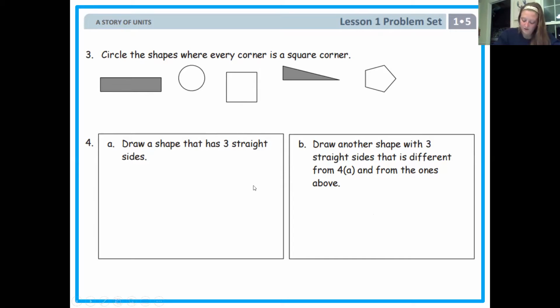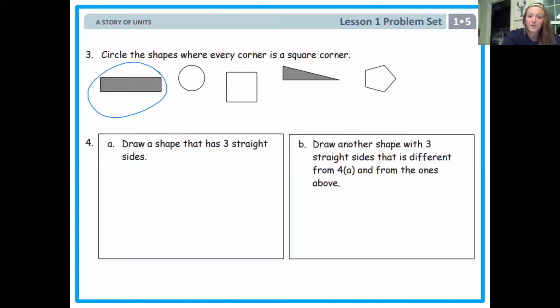So you should have circled this one, every corner is a square corner, and this one, every corner is a square corner. For a shape that has 3 straight sides, I could have drawn a triangle.